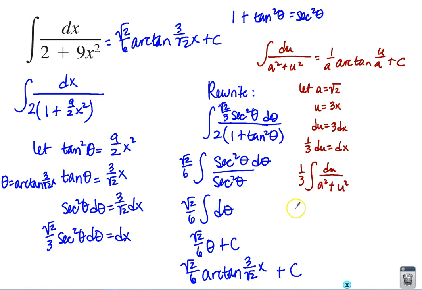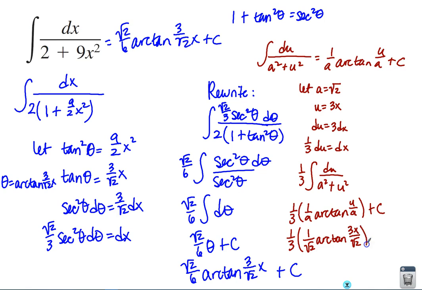Okay, so then I've got 1/3 times 1 over a arc tan u over a plus c, 1/3 times 1 over root 2 arc tan 3x over root 2 plus c.